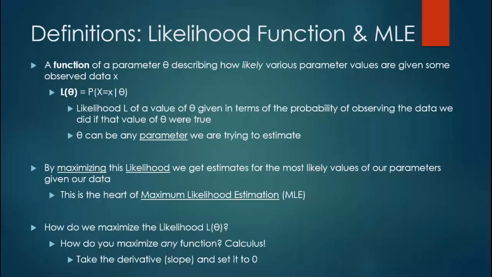So, we're going to get a series of values for the likelihood function that look something like this. We're going to say theta equals p equals the probability of tails.